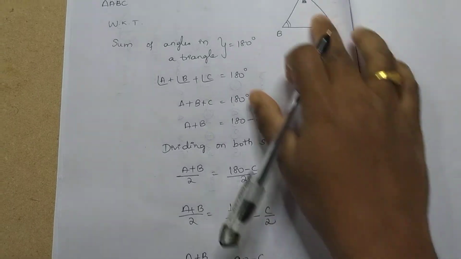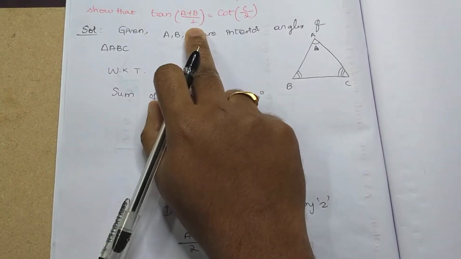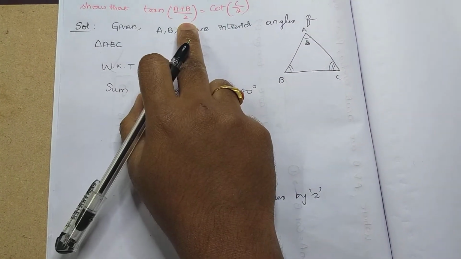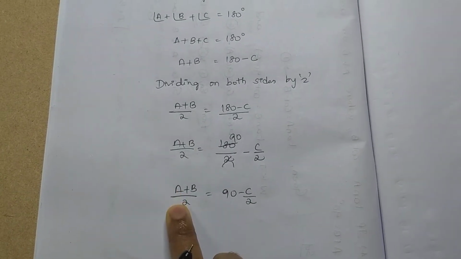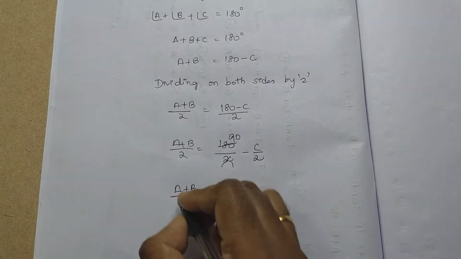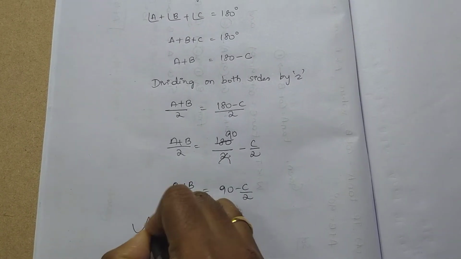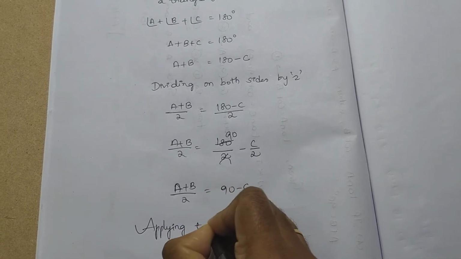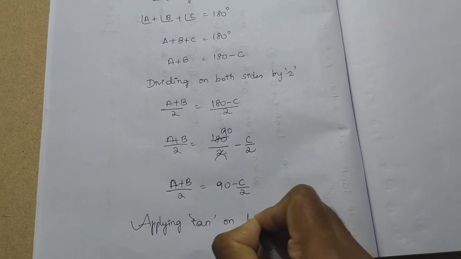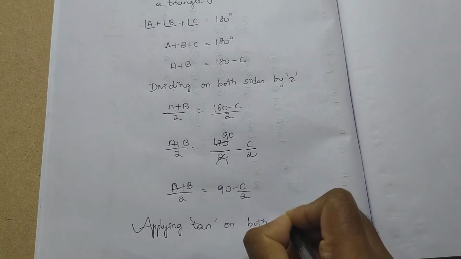Let's see the question here. It is tan of (A plus B) by 2. So now what will I do here? We got this, so applying tan on both sides. What do we get here?